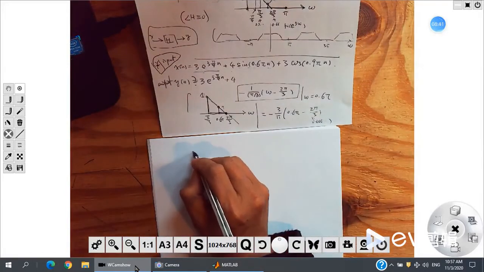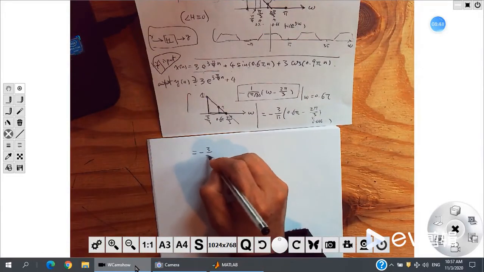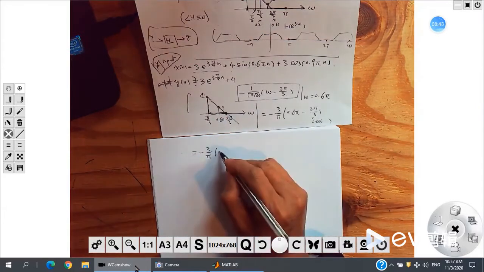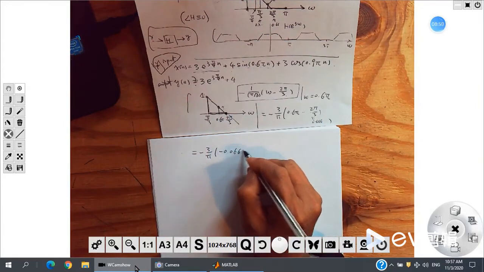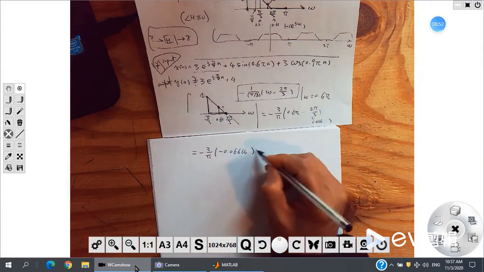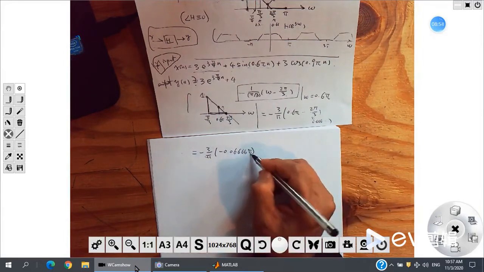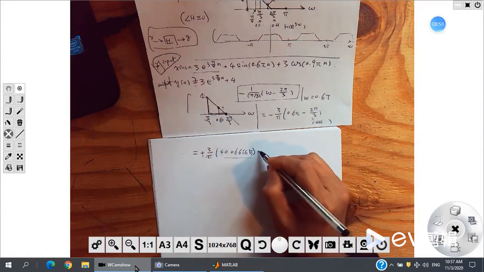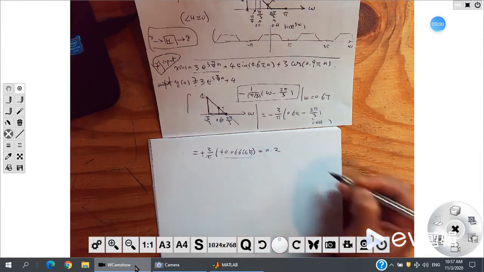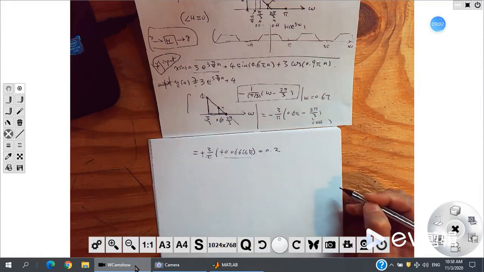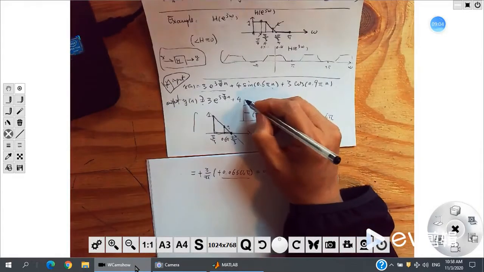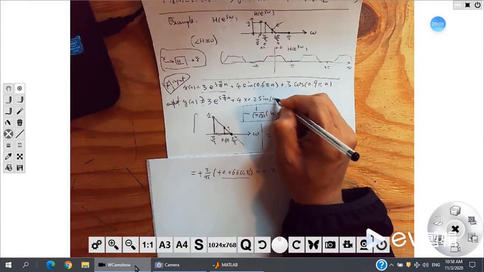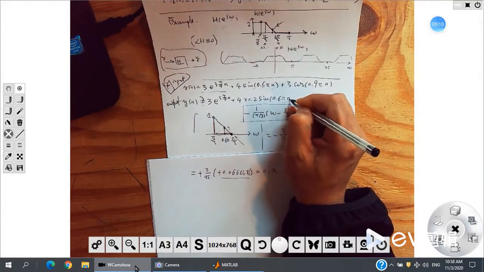I have negative 3 over pi times 0.6 pi minus 0.6 pi... so it's negative 0.0666 pi. The pi cancels, the negative cancels, so I have 3 times this, which will be 0.2. Right? 0.2.